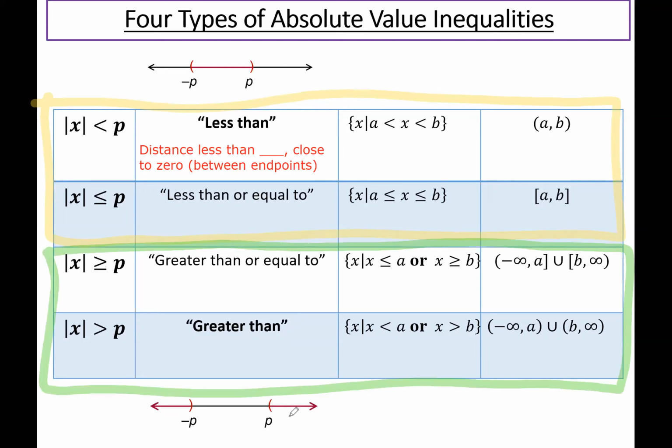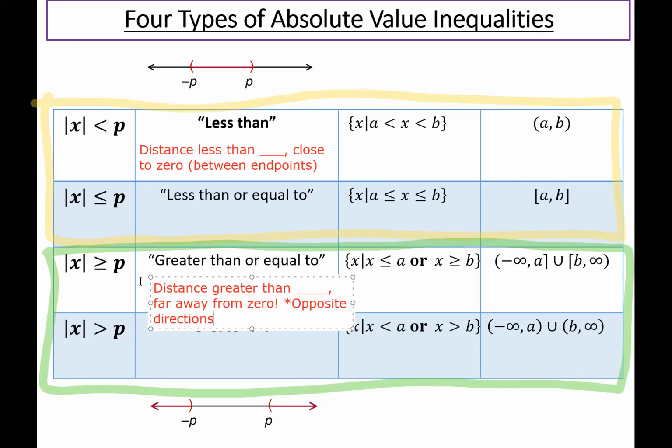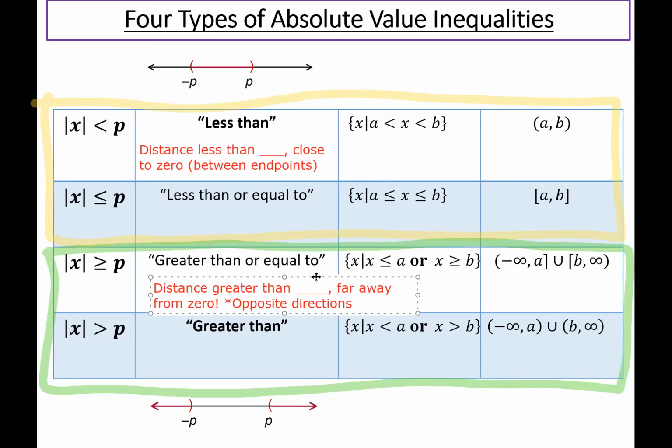It's one or the other. So essentially you are far away from 0. If your distance is greater than something, you are far away from 0. And you're going to be going in opposite directions. Okay, so your arrows, first of all, there will be arrows now going in opposite directions.